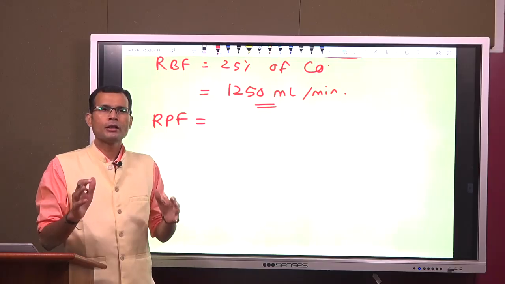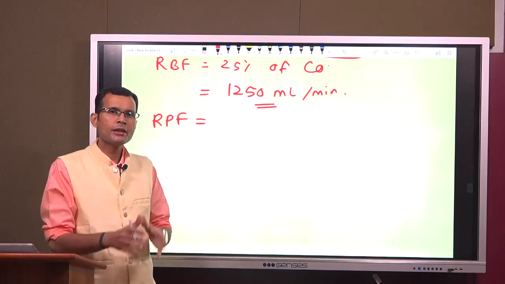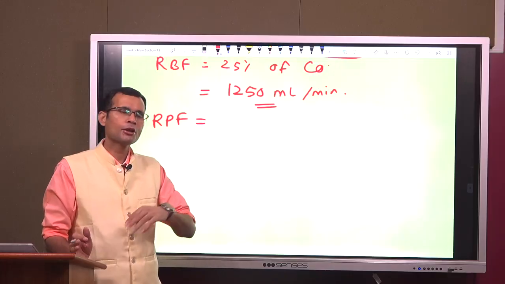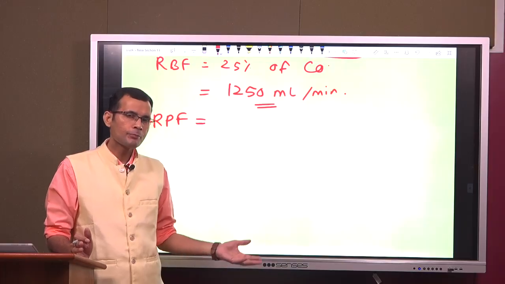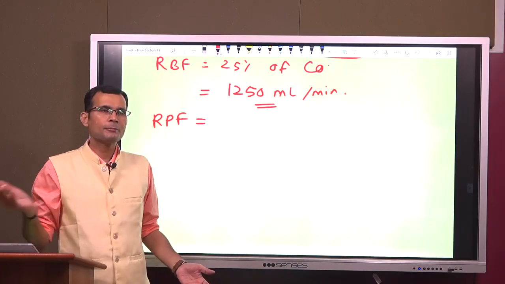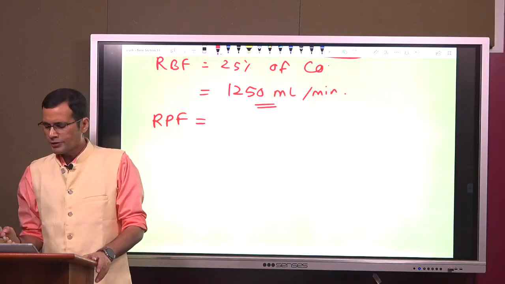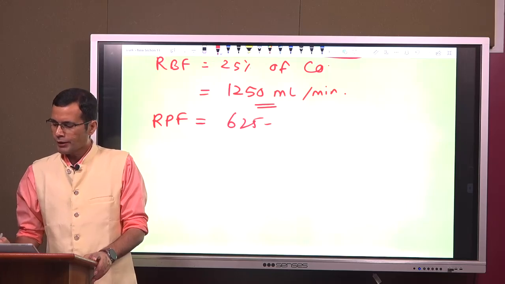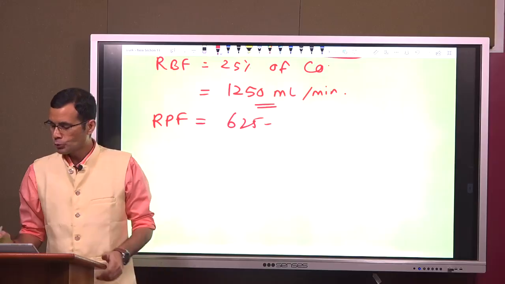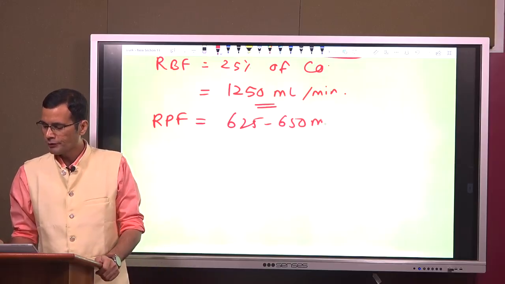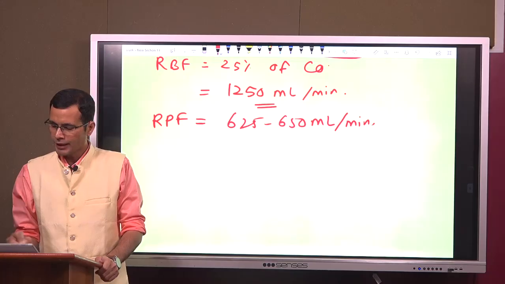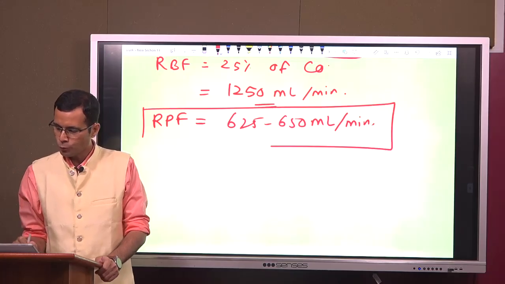The blood is made up of cells and plasma. So 45% roughly is the cell volume and 55% is plasma. So 55% of this, let's say, is in the range of 625 to 650 ml per minute. That's the renal plasma flow.